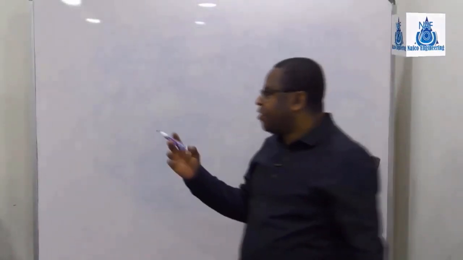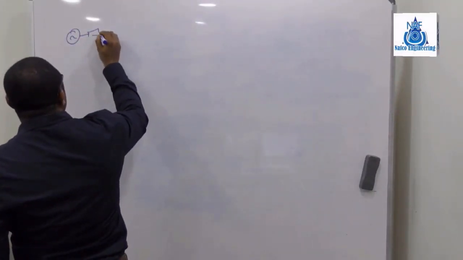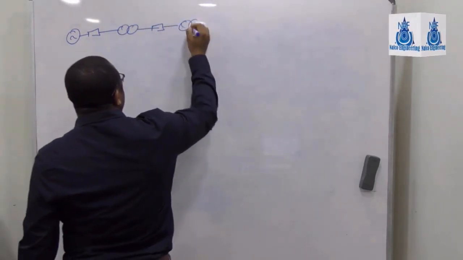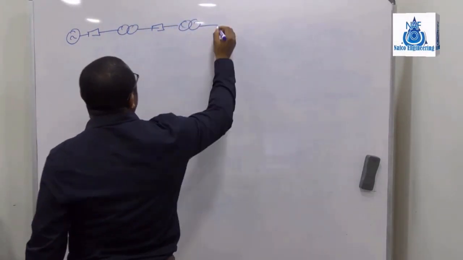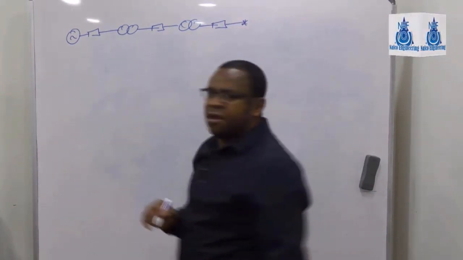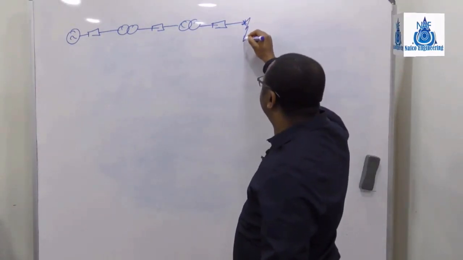Okay, so now if I have that and it has its own impedance and the transformer there, overhead line, and the transformer also, then a feeder, and there's a fault here, how much fault current will flow through there?